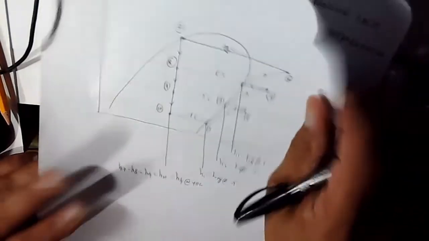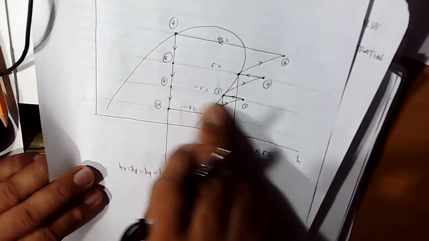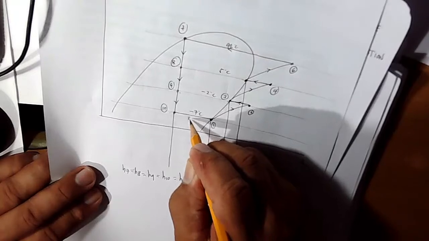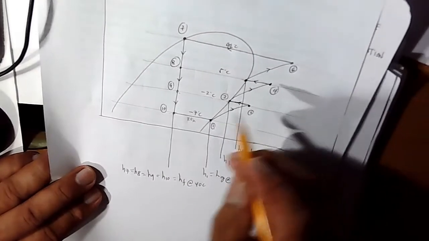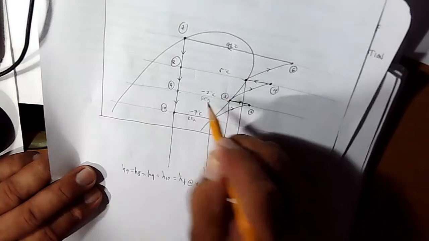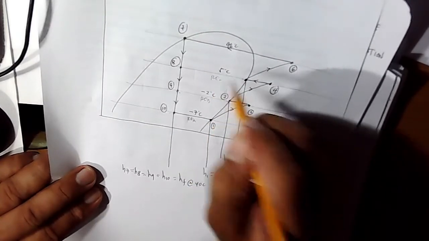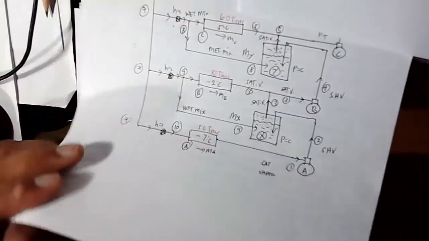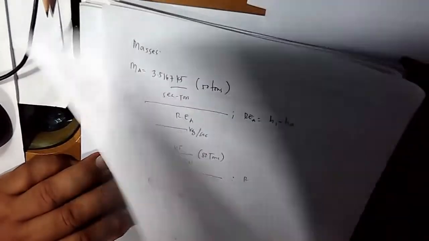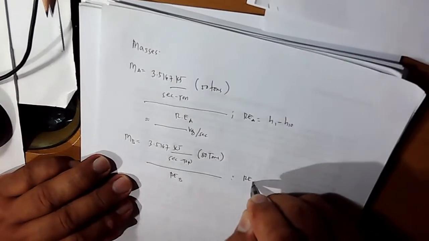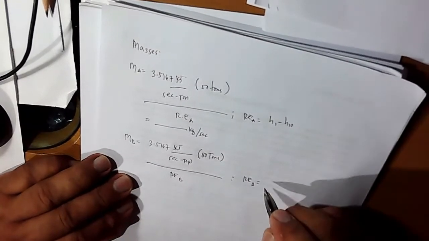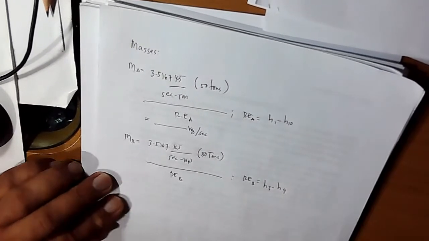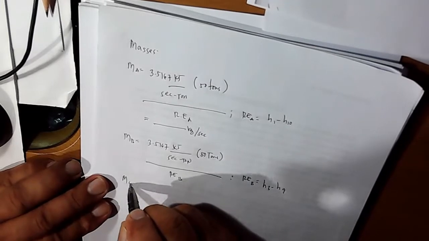This one also. H3 minus H9. So that is your REB. REA, REB, REC. Okay. So your REB is just equal to H3 minus H9.